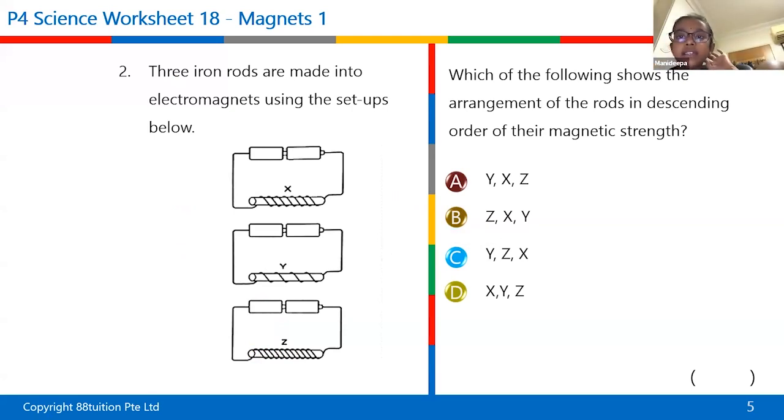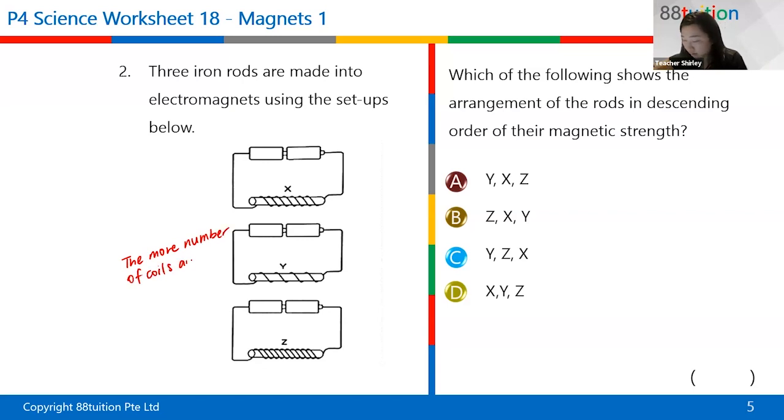Firstly, it has 2 batteries, and secondly, the more coils you wind around the magnetic material, the stronger the electromagnet becomes.